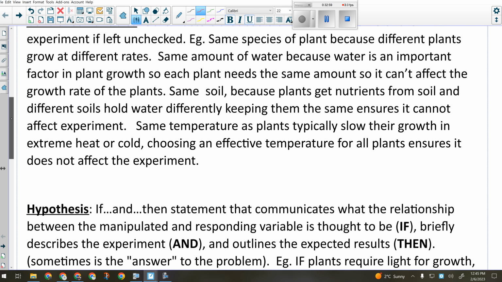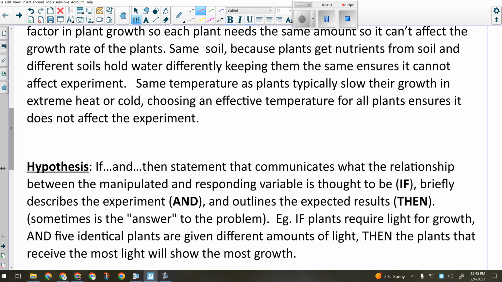All right, so it's an if, and, then statement that communicates the relationship between the manipulated and responding variable, so that's the if part; briefly describes the experiment, that's the and part; and outlines the expected results, that's the then part. So if I was doing an experiment on the effect of listening to music while studying on test performance, my hypothesis might go something like this.